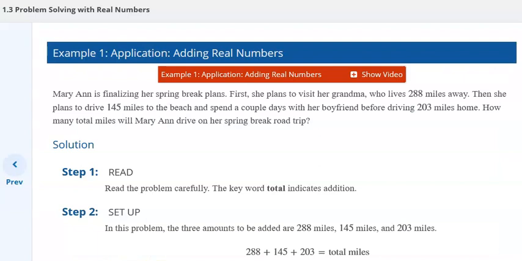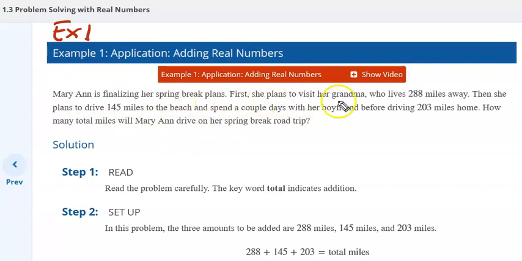So continuing our pattern of taking notes, the first thing you're going to do now is write example 1. Then you pause, read the example, and then determine the protocol to solve. So Marianne is finalizing her spring break plans.